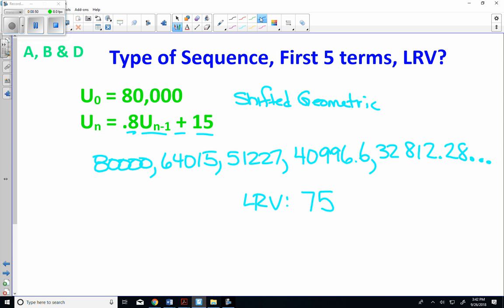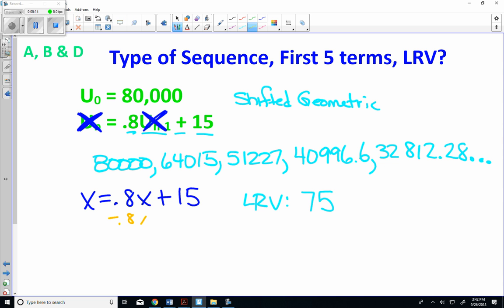Now, if you don't want to go through that whole process of pushing the equal sign to get to the long run value, if it is something that is going to a long run value, you can substitute a variable for u sub n and u sub n minus 1 to get x equals 0.8x plus 15. Then solve for x.